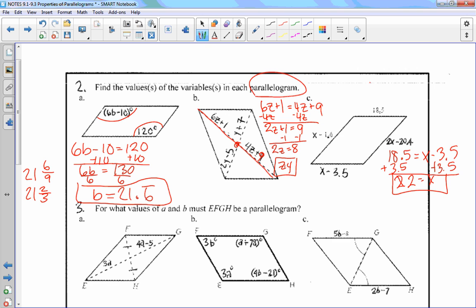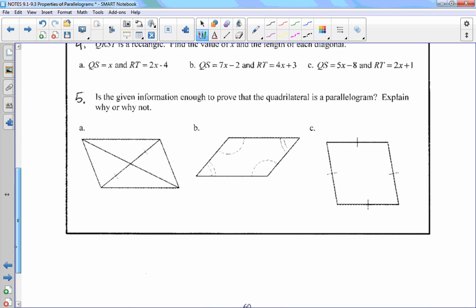Okay, really quickly, number 5. These are just yes or no: do you have enough information? Your tick marks didn't really copy, so put your marks there: double angle, single angle, double arc, and tick marks here. On the first one, part A, is there enough information to say that this is actually a parallelogram? Why or why not?